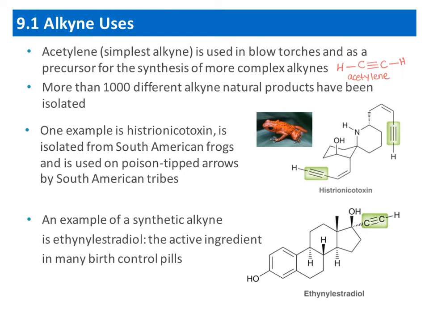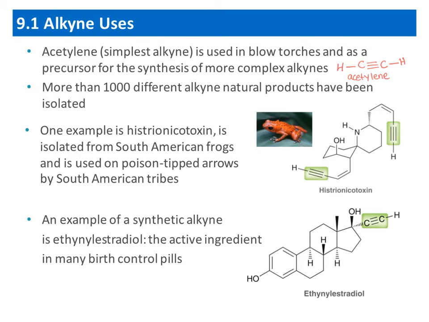We already talked about elimination in chapter 7 and you learned about alkenes more than alkynes, but here I'm going to start talking about alkynes a little bit before we start talking about their reactions. So the smallest alkyne is acetylene, a colorless gas, and it is used as a precursor for preparation of heavier alkynes.